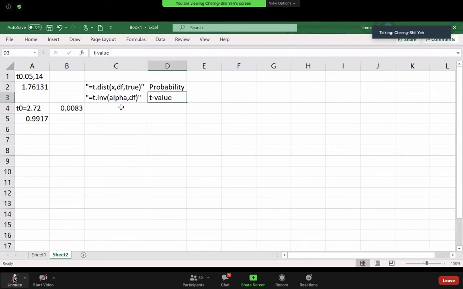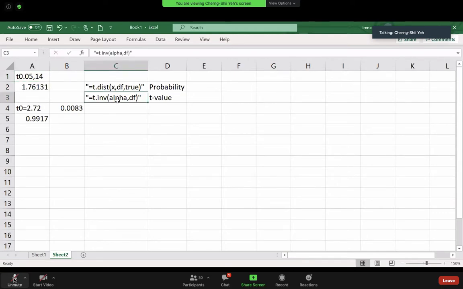So where are we? In our example, it's one-sided, our alpha is 0.05, and degrees of freedom is 14. Based on this, we want to find our critical value.